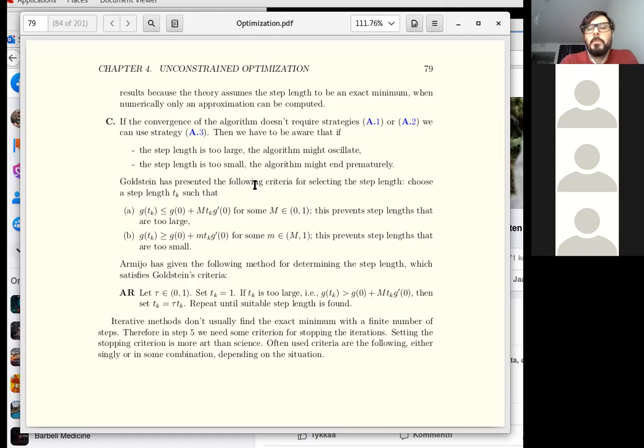There are problems, and this goes to those people who work in machine learning, for instance. If the step length is too large, the algorithm might oscillate. I don't know how many of you, if any, work in machine learning and things like neural networks, where usually you do some kind of error minimization.